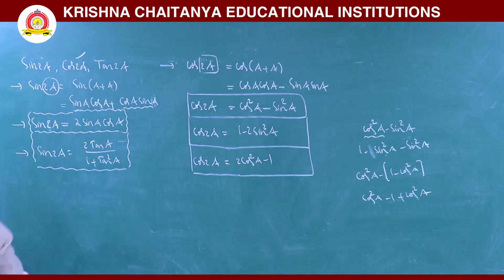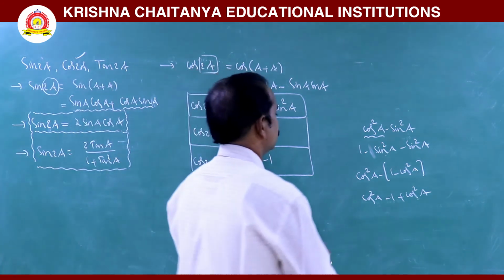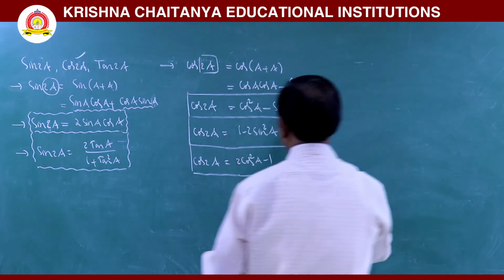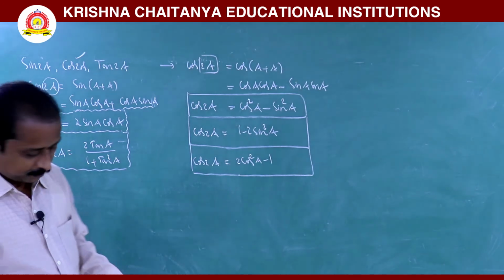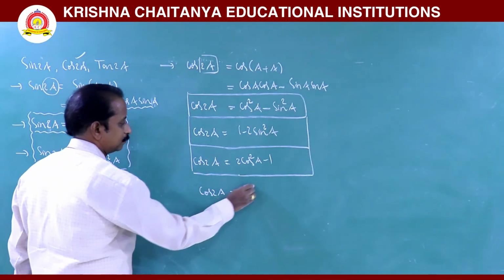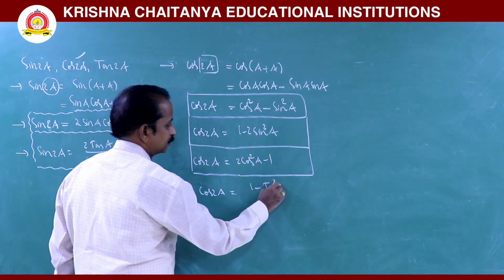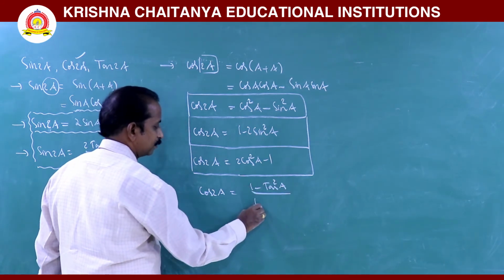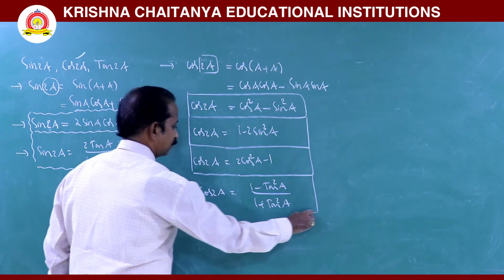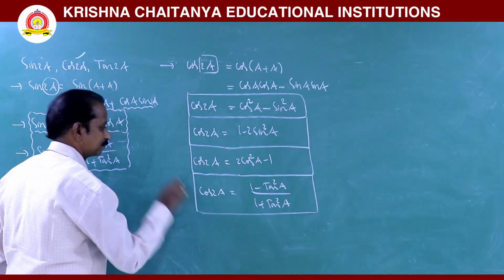We can derive it completely in terms of tan. Cos 2A is equal to 1 minus tan square A divided by 1 plus tan square A. Is it correct or wrong? Let us check.